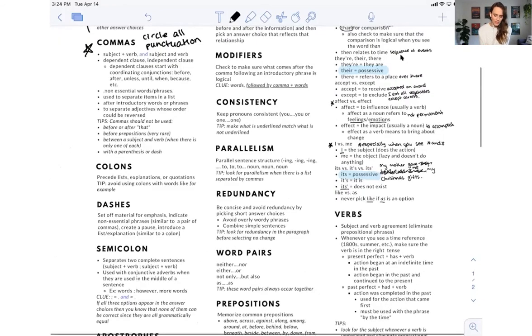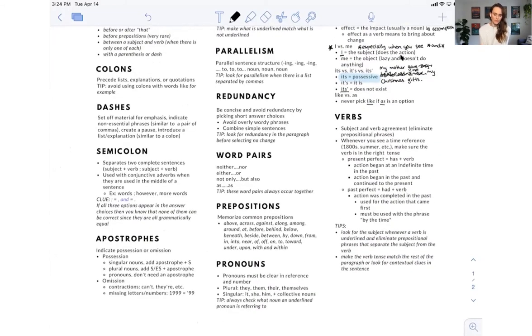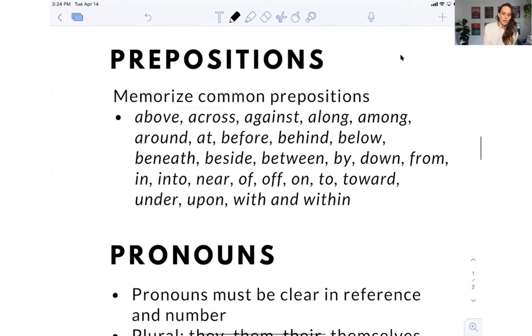So for the rest of these, I'm going to go in that other document, except for our prepositions. So you can see here, all I tell you for prepositions is that you need to memorize them. And if you don't already know your prepositions, you really need to learn them in order to up your SAT writing and language score. So prepositional phrases do not impact subject and verb agreement.